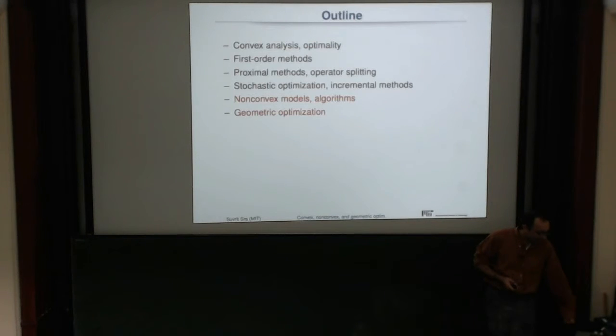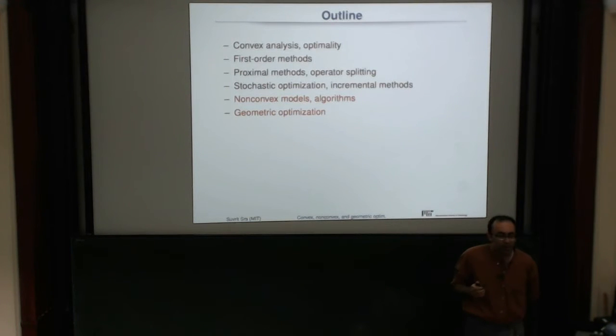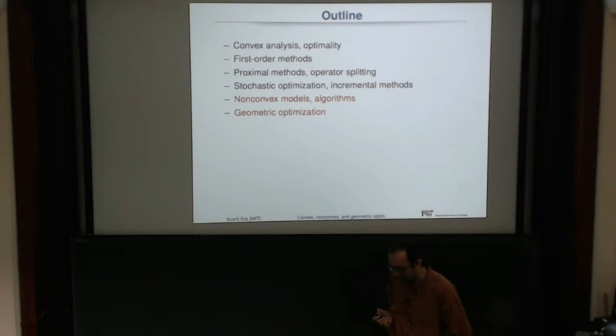Okay, so that was what we talked about. Just quickly to remind you, I went through, of course superficially, many things related to convex analysis and optimization, gradient style methods. I mostly talked only about non-smooth optimization and operator splitting methods last time.